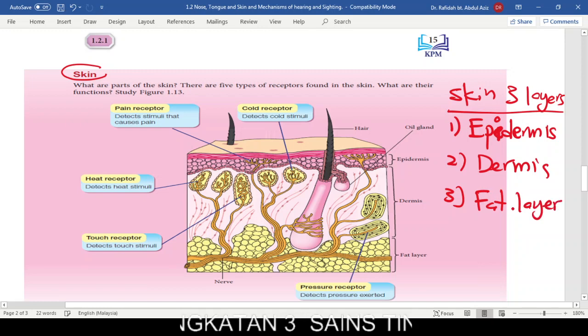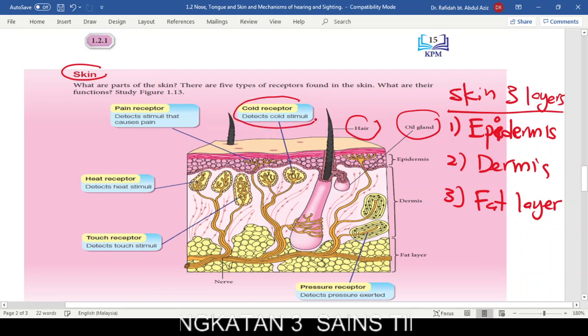Before that, we also have to know that the structure of skin consists of hair, an oil gland that produces oil, and the most important part, the receptors.